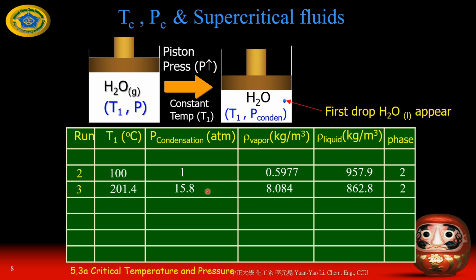So as you can see, if you have 2 phases, then the density of the vapor will increase and the density of the liquid will decrease. Okay, this is round 3.